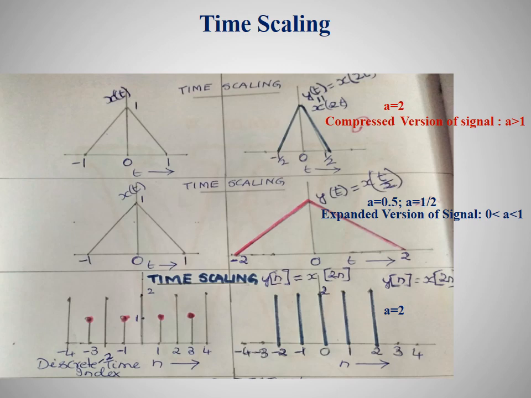So, intermediate signals are removed, which means a compression of the signal happens, as can be seen in the first case, and when compression happens, the values of the signal at 1, 3, -1 and -3 are removed, and only the values at 2, 4 and -2 and -4 are retained, and they are shifted: 2 is shifted to 1, 4 is shifted to 2, thus giving the signal an appearance such that at n equal to 0, the value of the signal is 2, at n equal to 1 and 2 also, the value of the signal is 2.